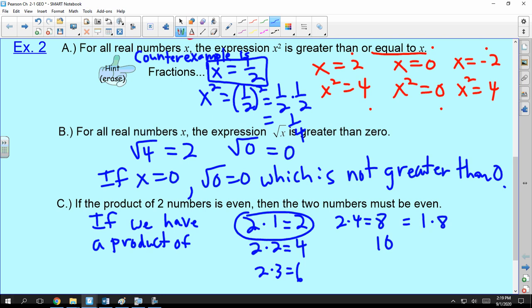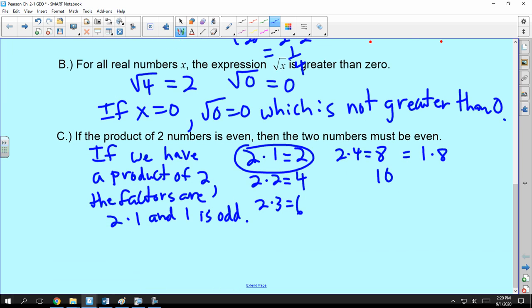We could take just this first one of 2, the factors are 2 times 1, and 1 is odd, or not even. So that's what we're looking for in a counterexample. You'll be asked to do that. You're looking at patterns, looking for counterexamples, things like that. That's about it. Thanks for listening.